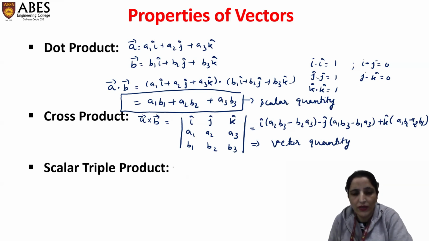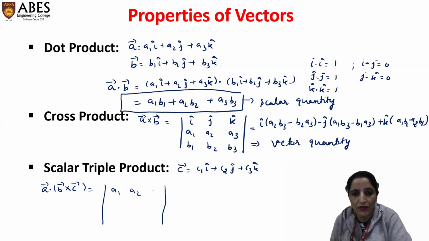Now the third type of product is the scalar triple product. Consider one more vector, that is C vector, C1i plus C2j plus C3k. Then the scalar triple product is denoted as A dot B cross C, and it is evaluated by using this determinant. The first row is filled by the first vector components, the second with the second, the third with the third.